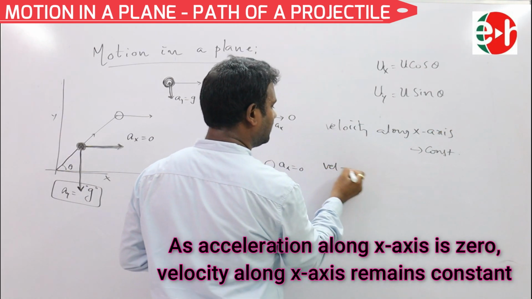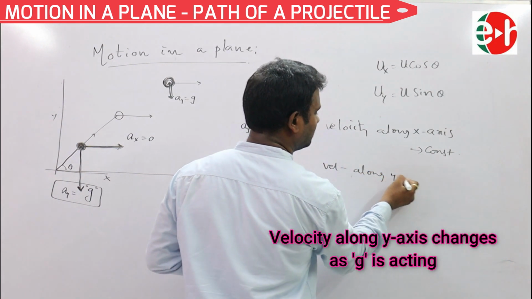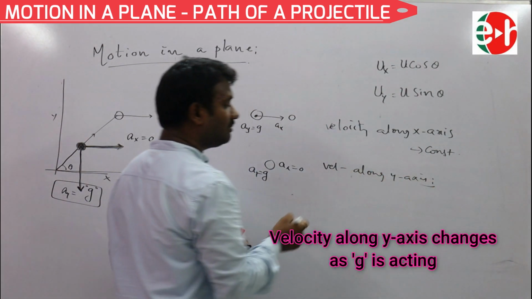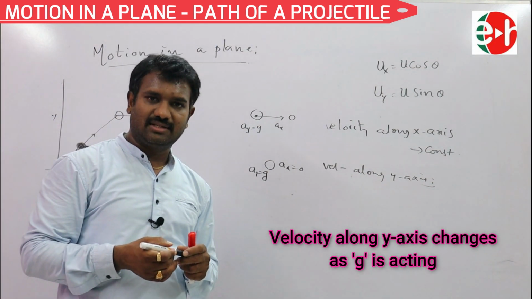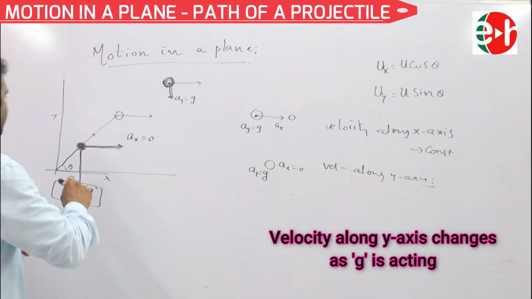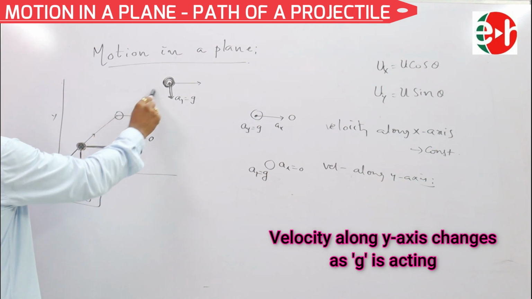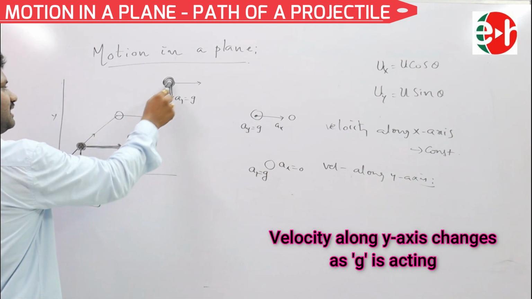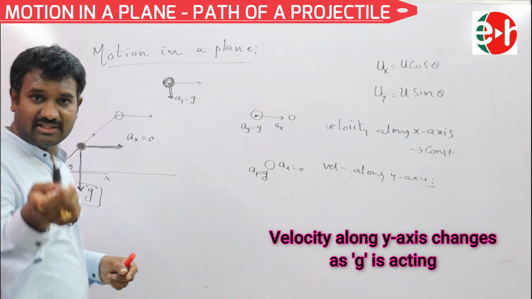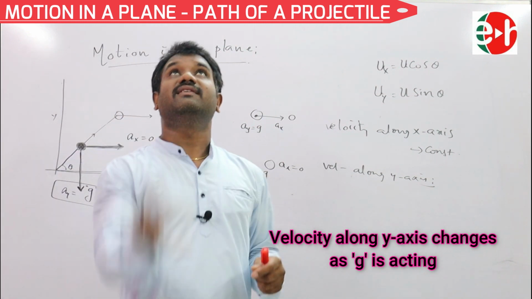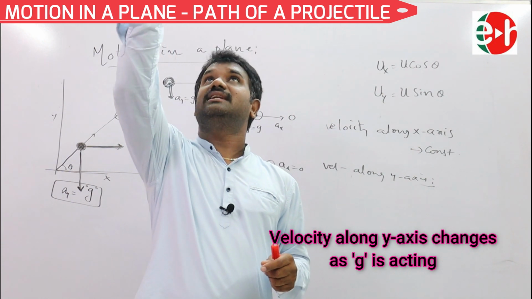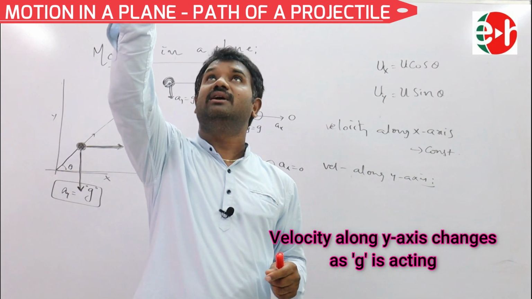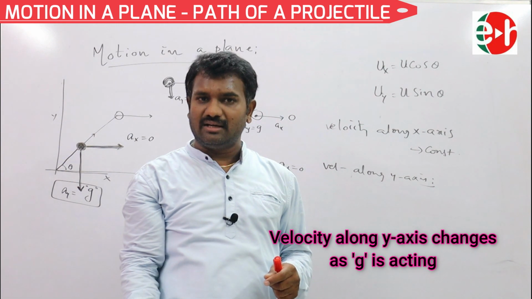What about the velocity along the y-axis? It changes. How? The moment when it is moving upward, the velocity gradually decreases. As we have studied in the case of an object thrown vertically upwards, at a certain height its velocity becomes 0, and then it returns to the earth.